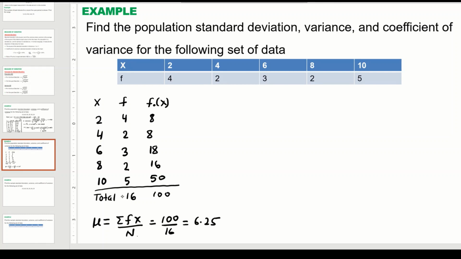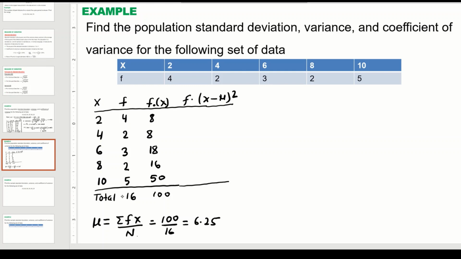Once we have this, in order to find the standard deviation, in the next column, you need to find f times x minus mean squared.